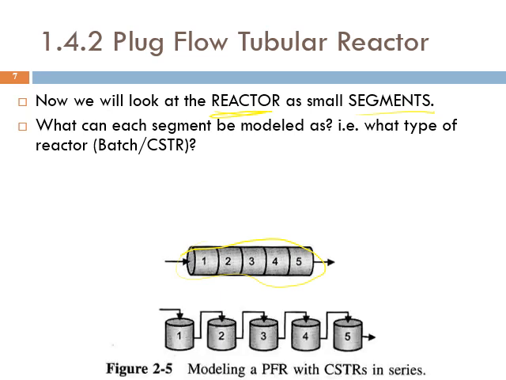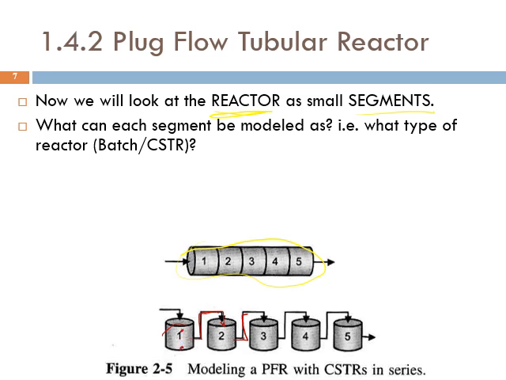Well, let's look at each segment, and you can see that there is a flow coming into each segment and flow leaving from each segment, correct? And we can assume that the volume of each plug is very small. If the segment were very small, the concentration at the beginning would be the same as the concentration at the end.